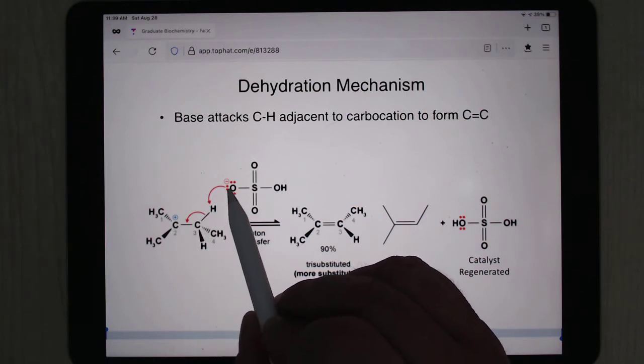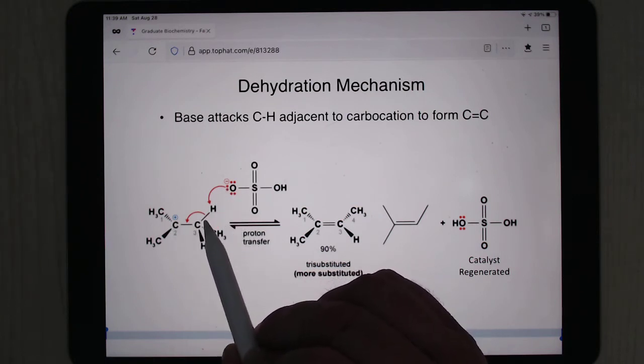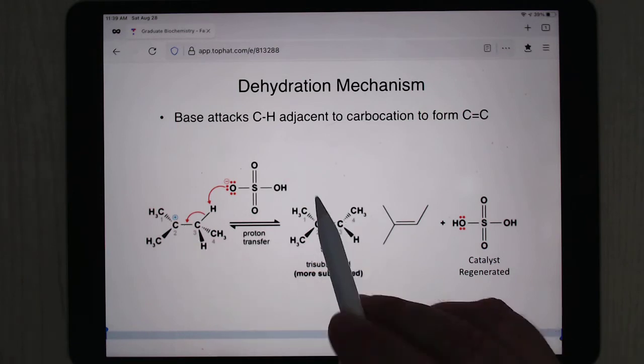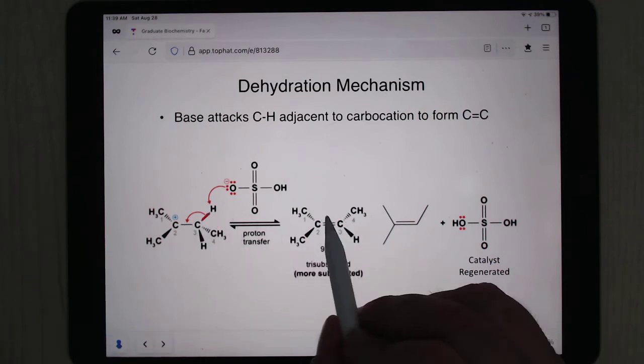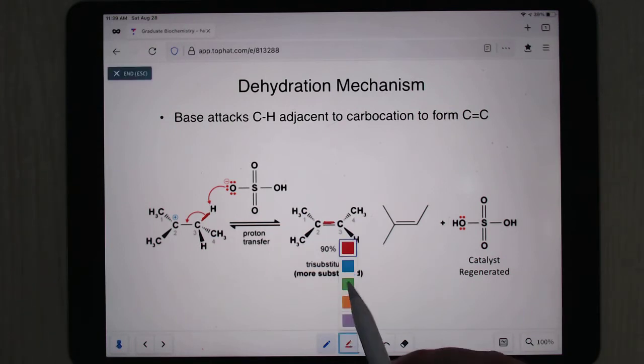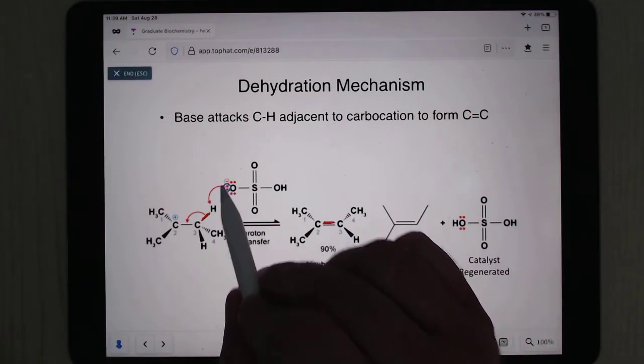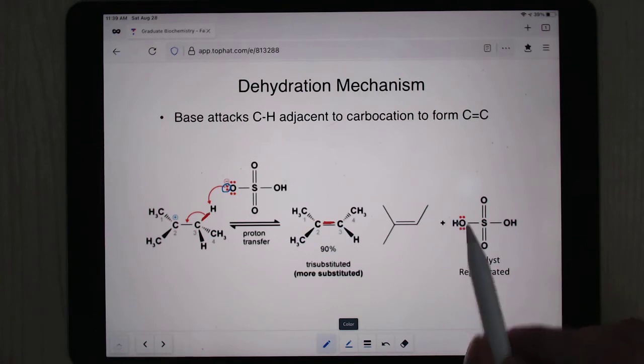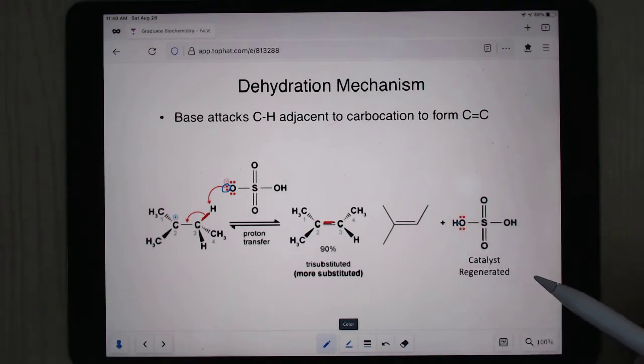Okay, and so this is going to form a bond with that hydrogen. This is going to then collapse down, and these two electrons here are going to form the new OH bond there, and voila, our catalyst is regenerated.